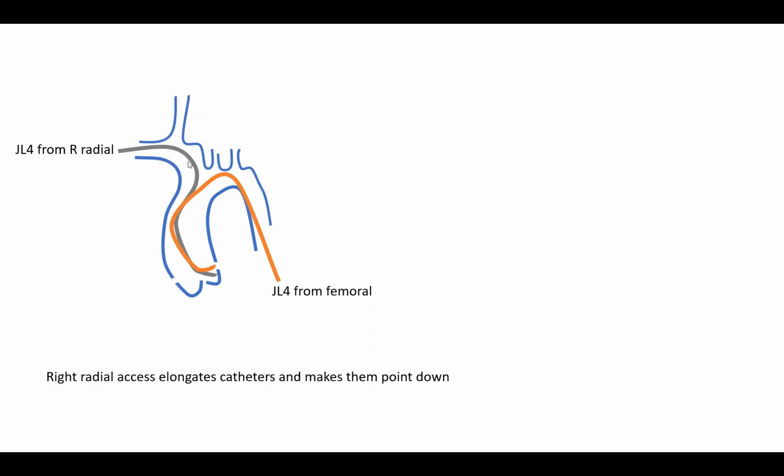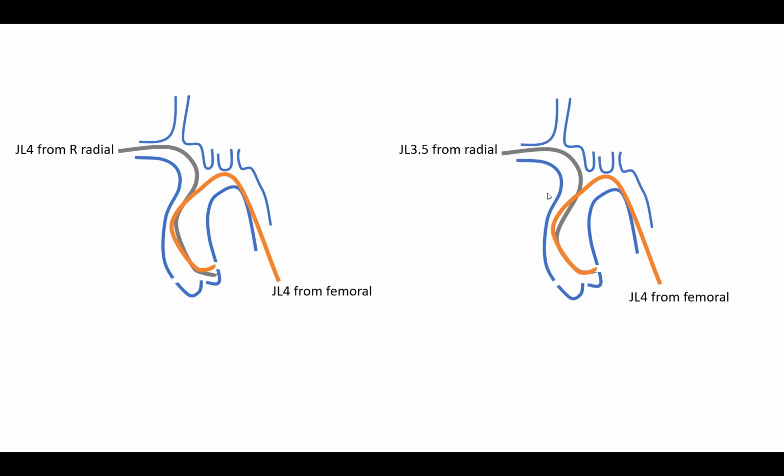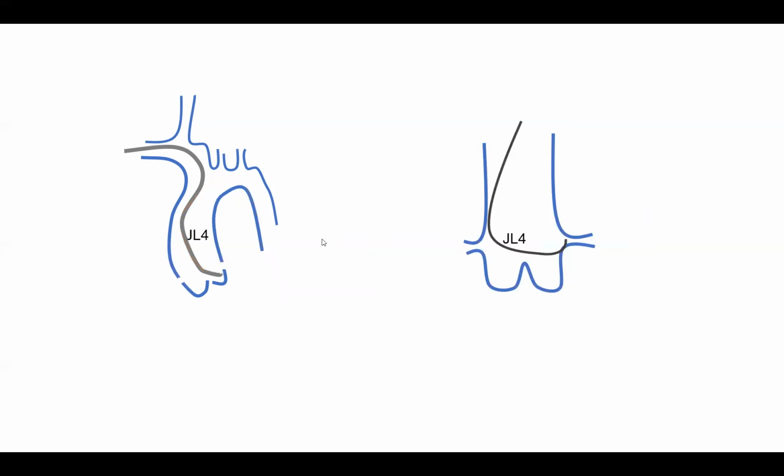In general, whenever a catheter points down, in order to engage a coronary, you need a shorter arm, shorter length. That's why from a right radial for that same patient who needs JL4 from femoral, you need a JL3.5 from radial to point more up and to have a less elongated catheter. So that's one important tip to start with.